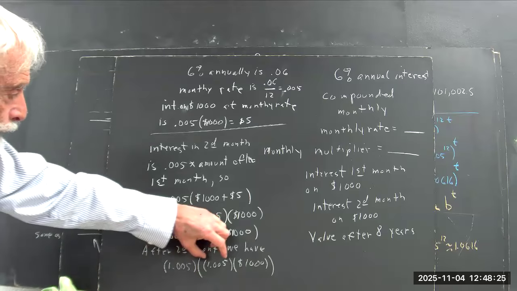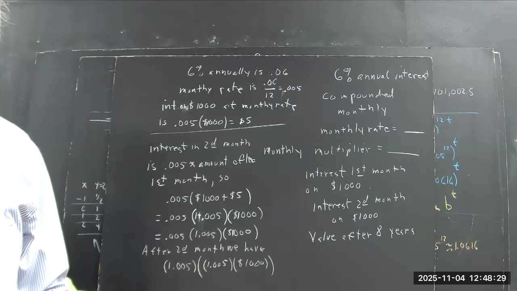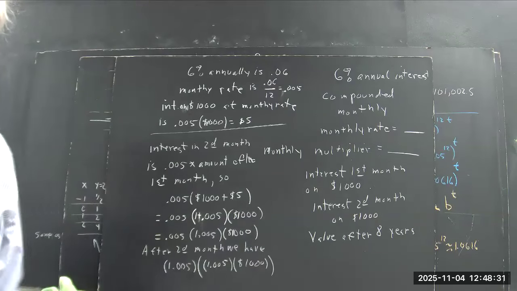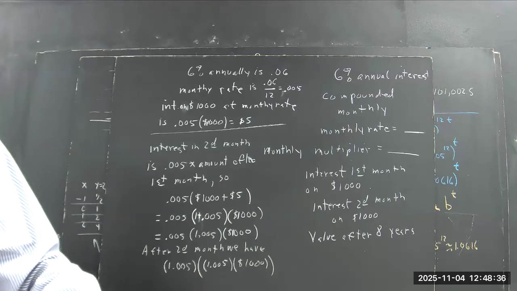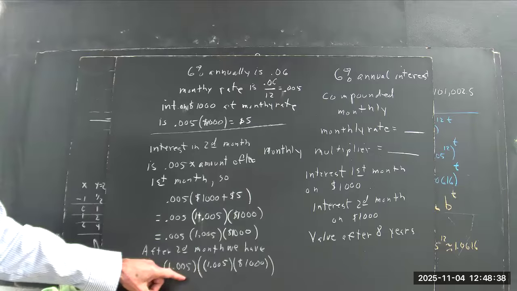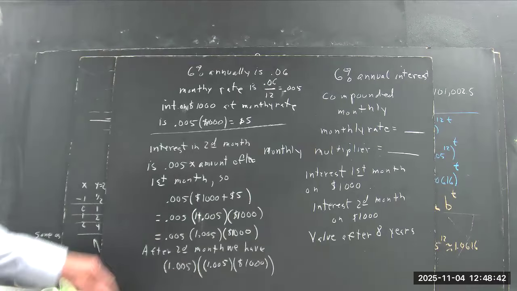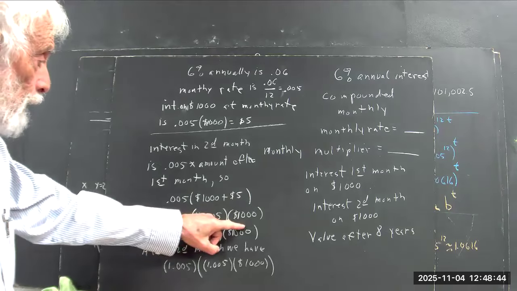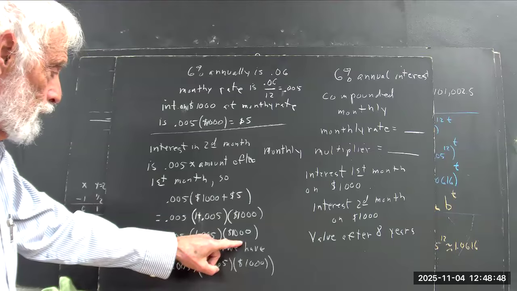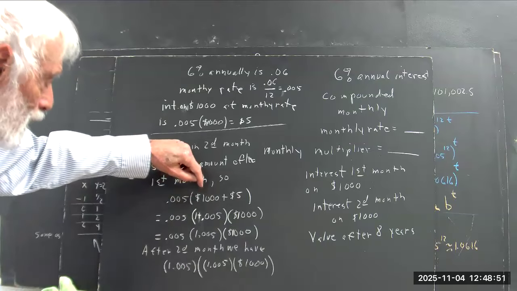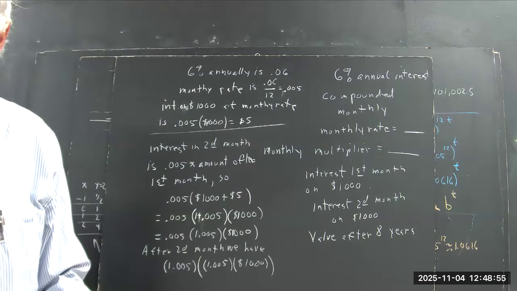Now, what does this mean? 1.005 times $1,000 is what we have after one month, right? If we do another month and add 0.5% to what we have, it's the same as multiplying by 1.005, right? You saw here, multiplying $1,000 by 1.005 was the same as adding $1,000 to 0.005 times $1,000, right?